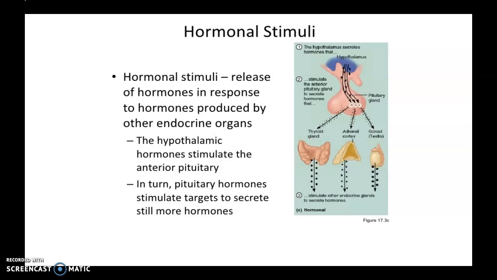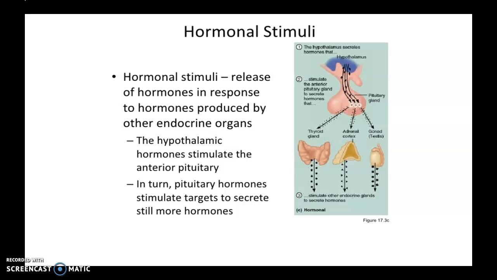The hypothalamus releases some hormones that target the pituitary gland. In response to that, the pituitary gland releases other hormones which then target particular glands or organs. And in response to that, the target glands or organs release other hormones.